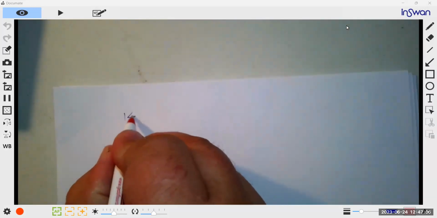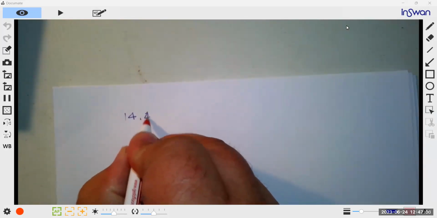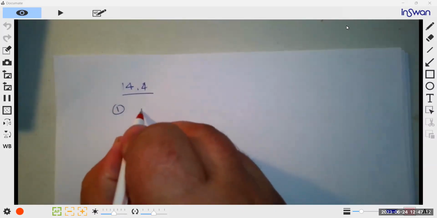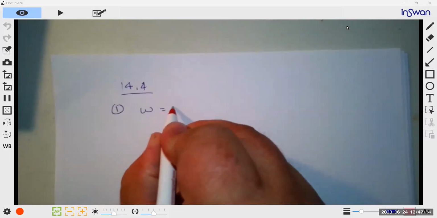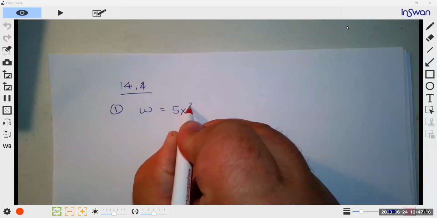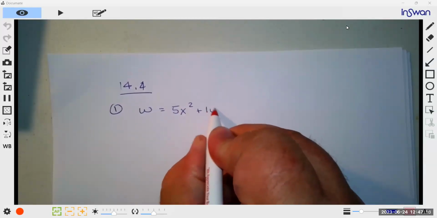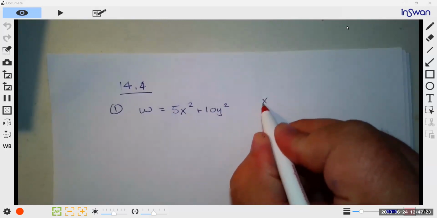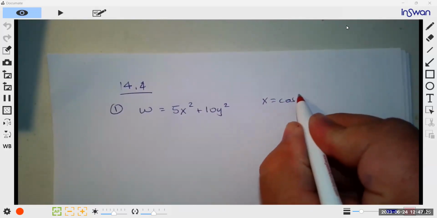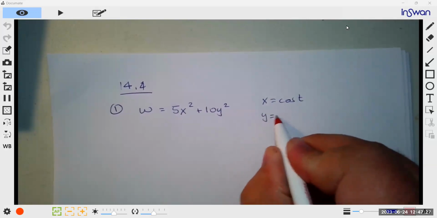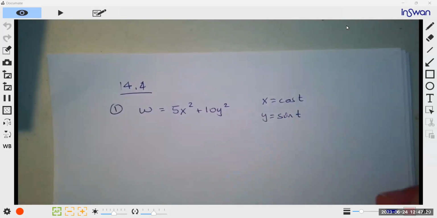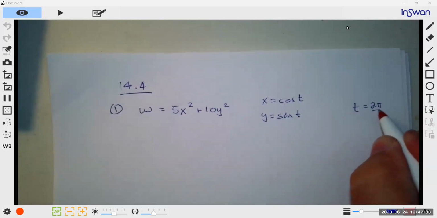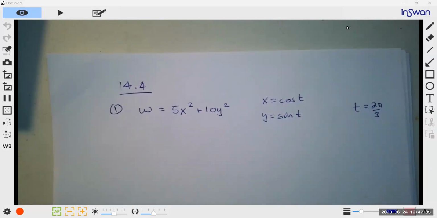This is Chapter 14, Section 4, number 1. w equals 5x squared plus 10y squared, x equals cosine t, y equals sine of t, and eventually t is 2 pi over 3.